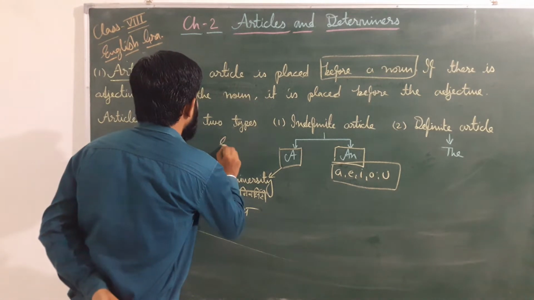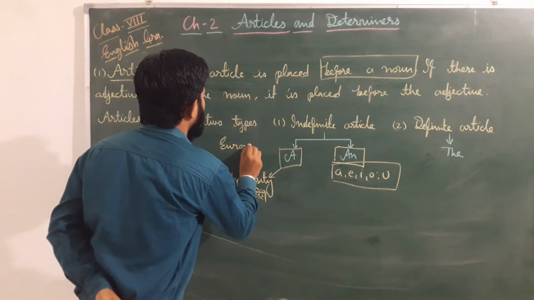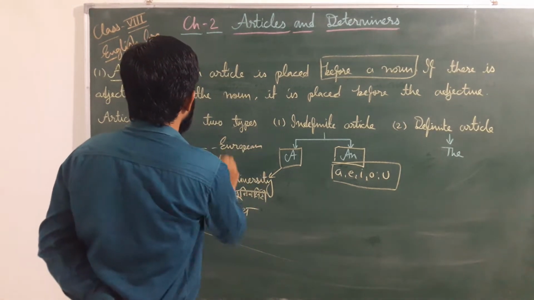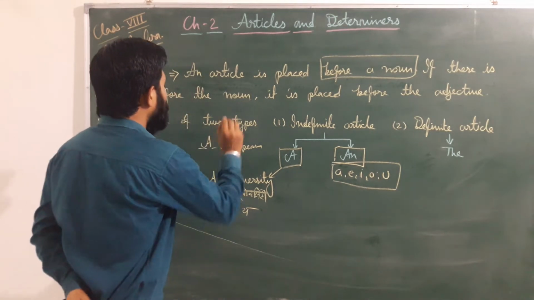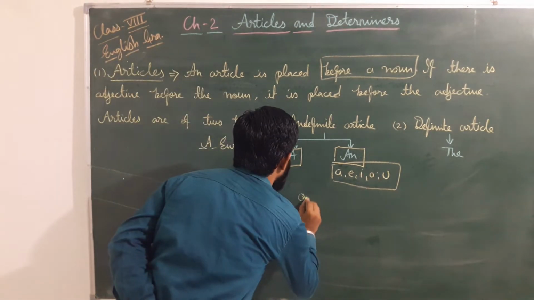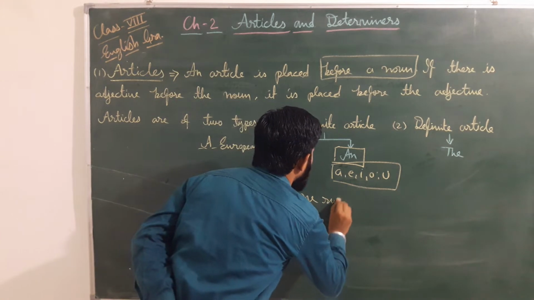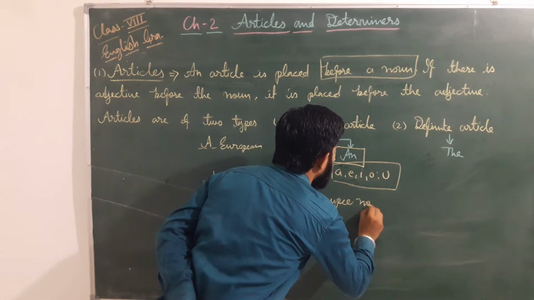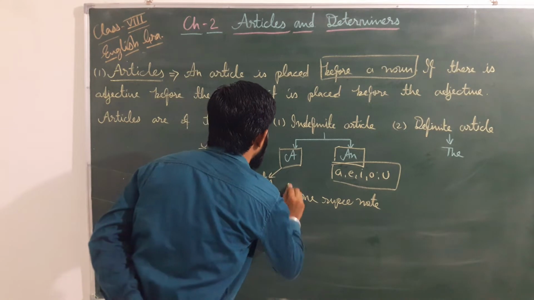If we talk about European, then before that also you have to write a. Like a one rupee note, before that also you have to write a.